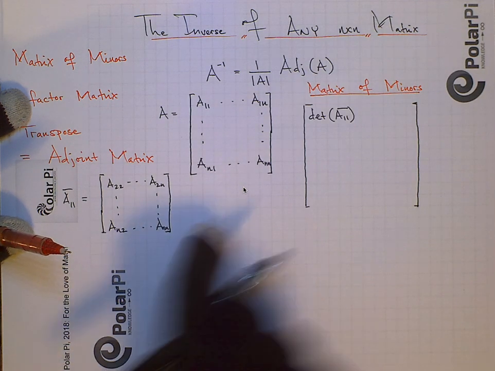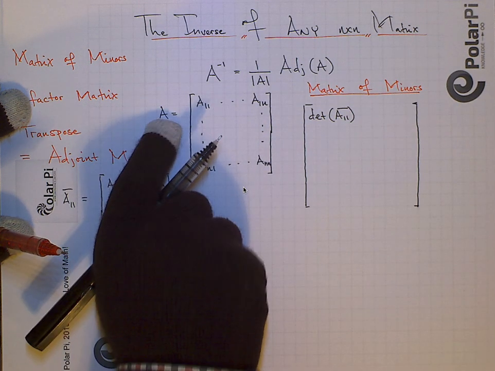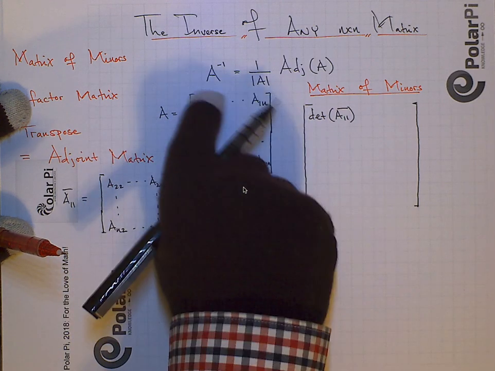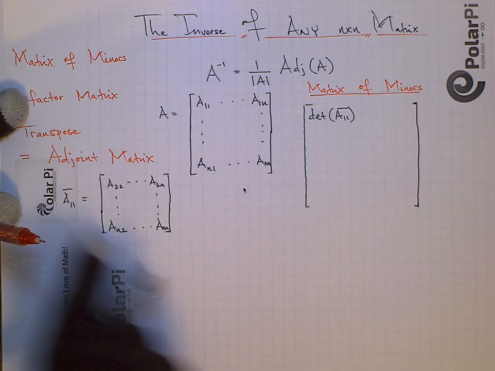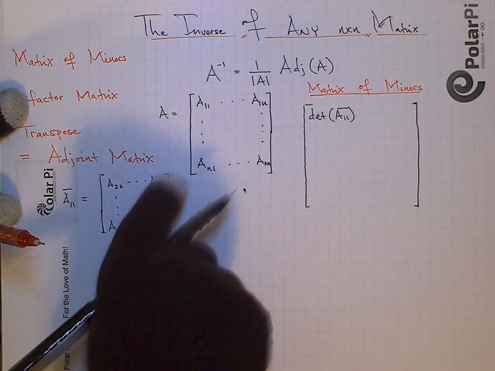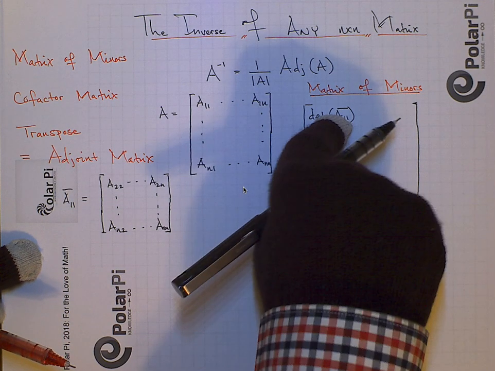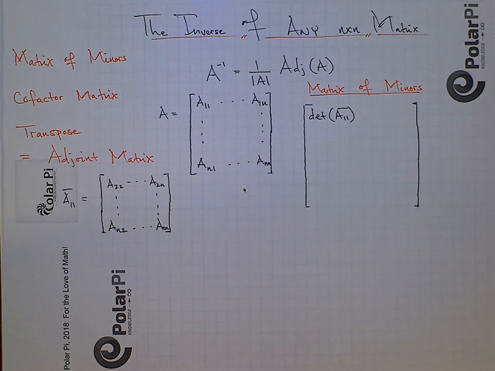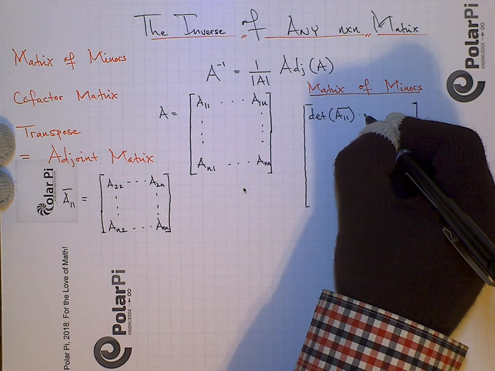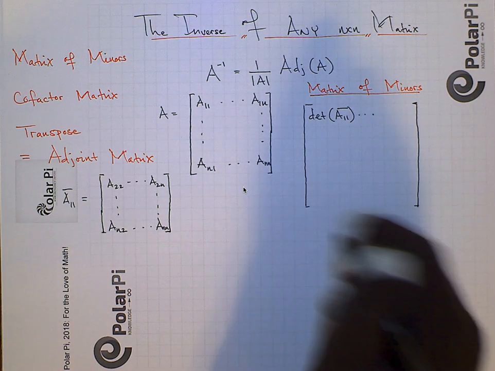Just to find one entry of the matrix of minors, you start with a matrix A that's n by n, and then cross out this and that for A11 bar to get this matrix that's n minus 1 by n minus 1, and then you have to in turn find its determinant just so that you can find one entry in the matrix of minors, which is why this method of finding the inverse of an n by n is highly impractical and a very tedious and long process. And so you continue in this fashion, and so you get it.